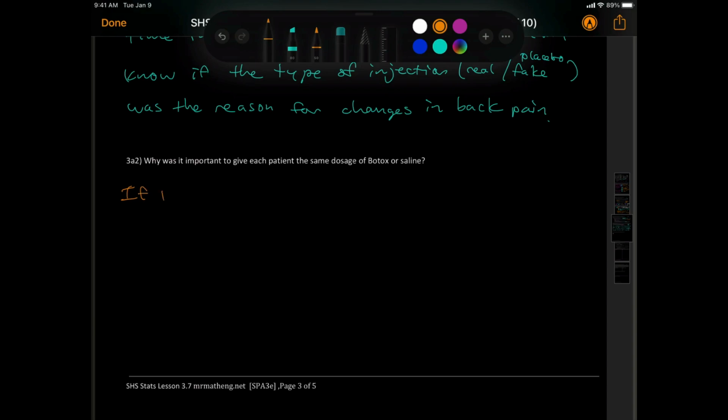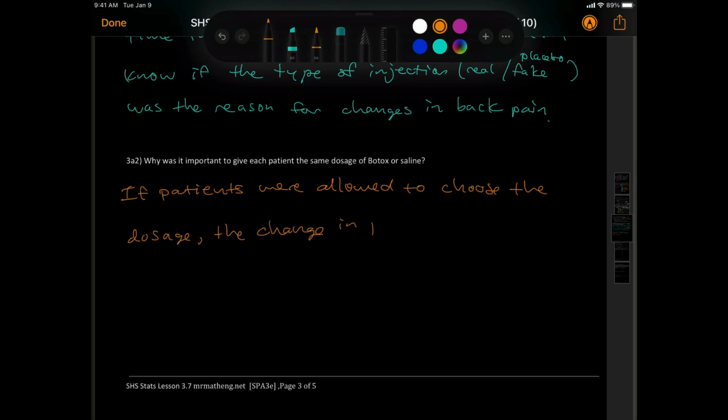If patients, think back to the soda one, the caffeine, non-caffeinated one, were allowed to choose the dosage, the change in pain would have much more variability.